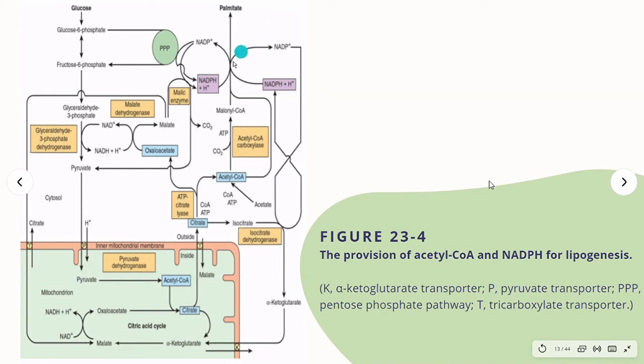Because once you are fasting, there is no extra glucose that can trigger the activity of your pentose phosphate pathway to produce NADPH. Now remember, for every molecule of palmitic acid, we require 14 molecules of NADPH.